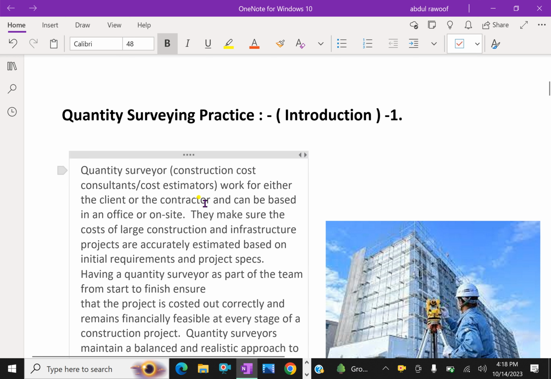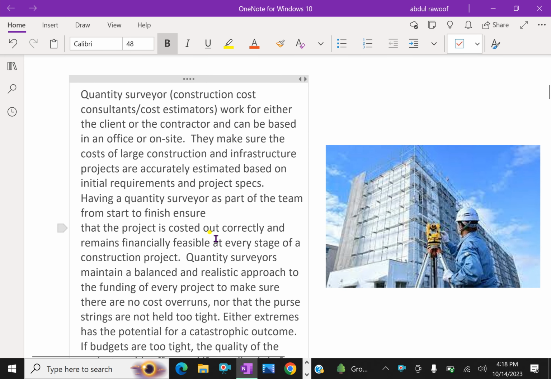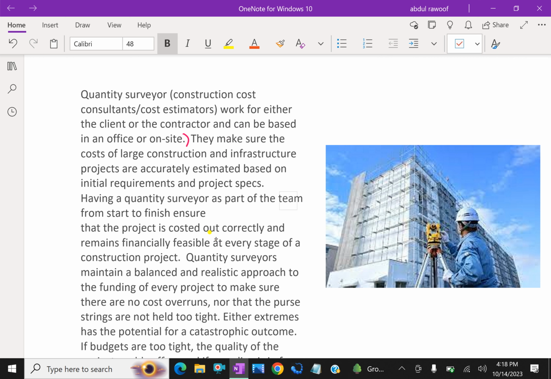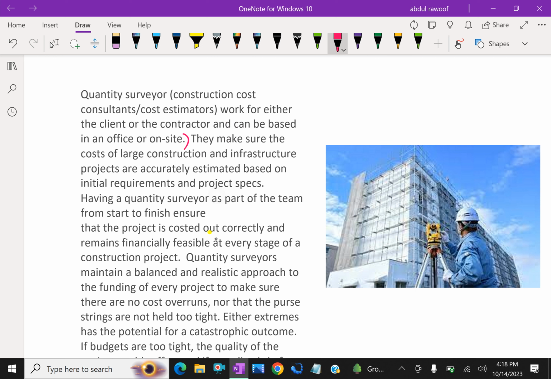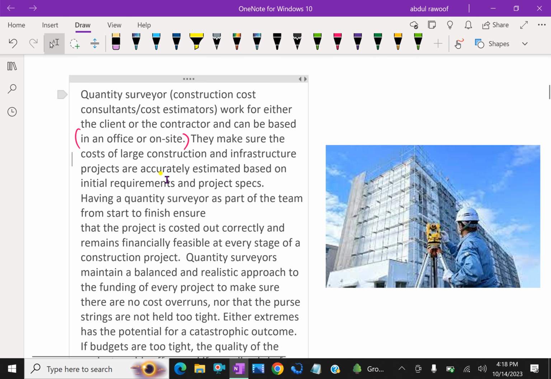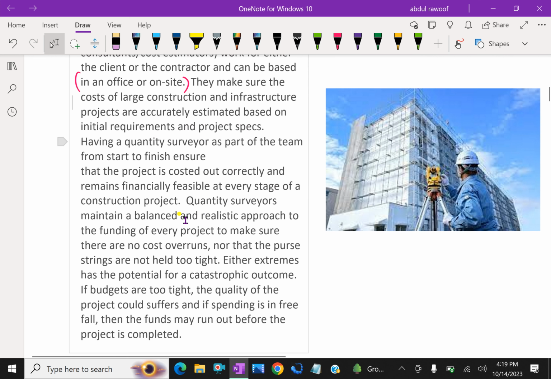A quantity surveyor, that is a construction cost consultant or cost estimator, works for either the client or the contractor and can be based in an office or on site. They make sure the cost of large construction and infrastructure projects is accurately estimated based on initial requirements and project specs.